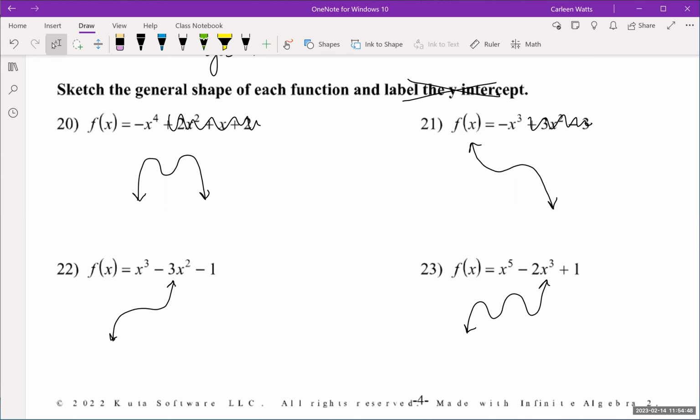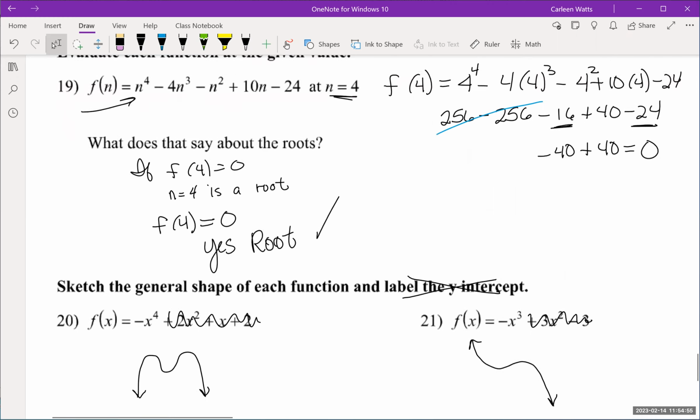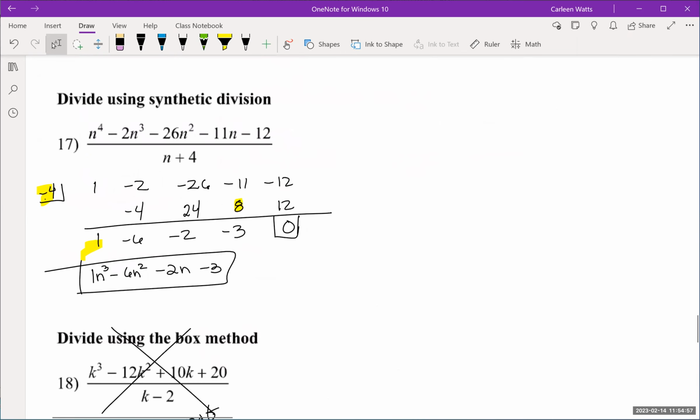And what else, Jack? 17. Oh, synthetic division. Okay, we good?